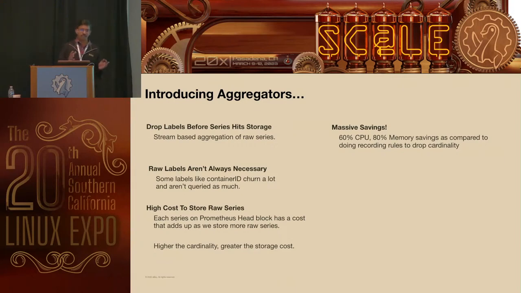So what I mean is that the cost to aggregate before putting the data into Prometheus is much cheaper than storing it in the head block and then applying a recording rule on top of it.